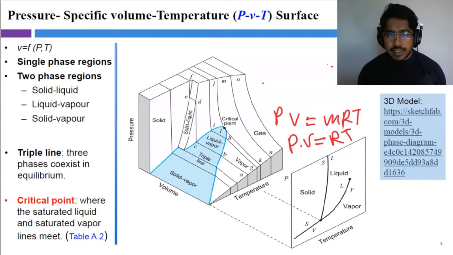We cannot use the ideal gas equation for liquids. As the name implies, it is for ideal gases. You may be laughing at your end like, okay, we know what's a gas and what's a liquid, and we are not going to use it for a liquid, right? But trust me, you'll be surprised to see how many students have applied this on water in previous classes, right? So don't make the same mistake. The ideal gas law cannot be applied to liquids.